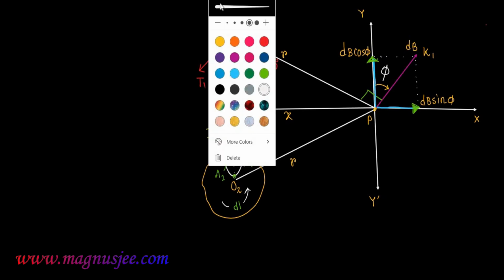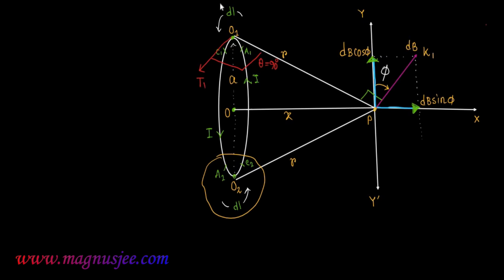Similarly, we can draw a rectangle to find the direction of magnetic field dB due to the current element A2C2 at O2, that is at the lower edge of the circular coil.